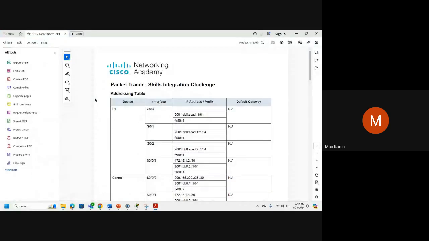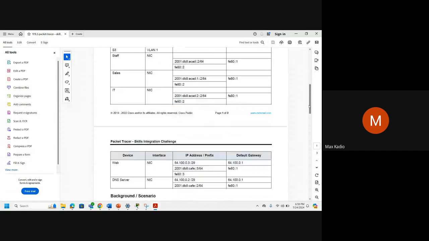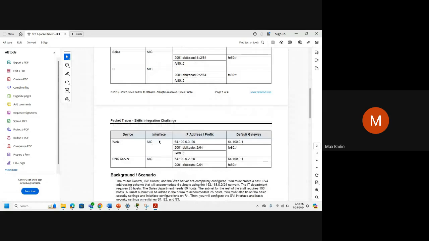I can open this one. And so you see here, for example, you have R1, you have the interfaces, and here we give you the IPv6, and we give you the link local. So it's what you need to use to do your configurations. If you have a PC, network interface card for your PC, this is the IPv4 you can add, and this is the IPv6 that is given to you. And you use them to do your configurations.